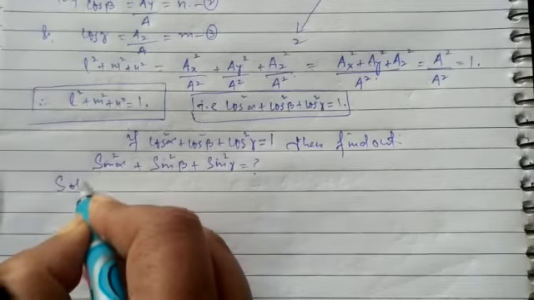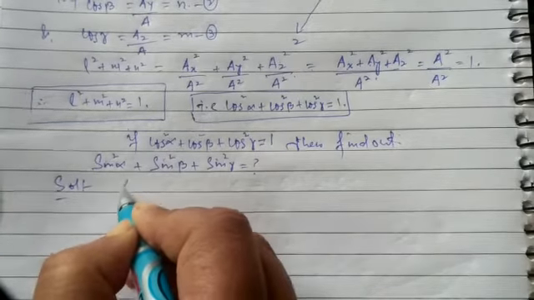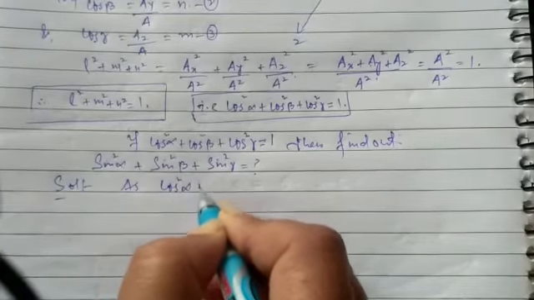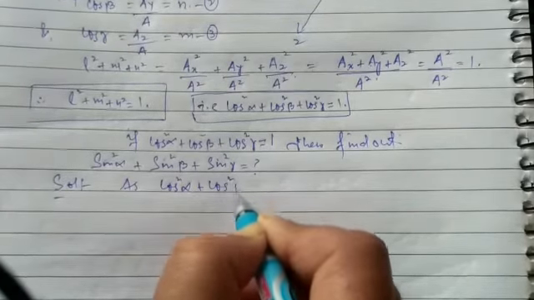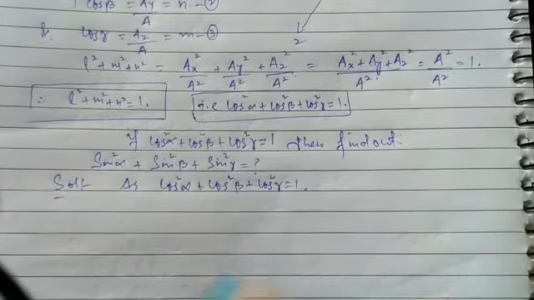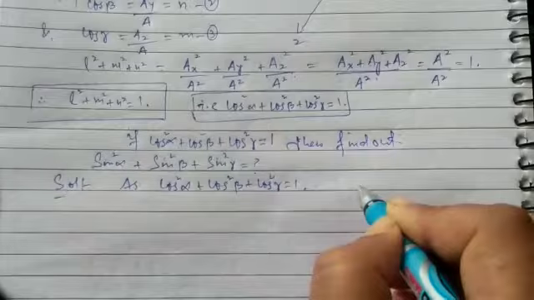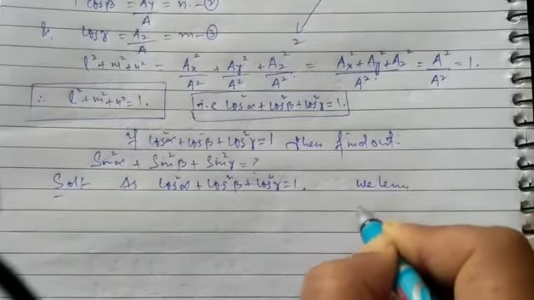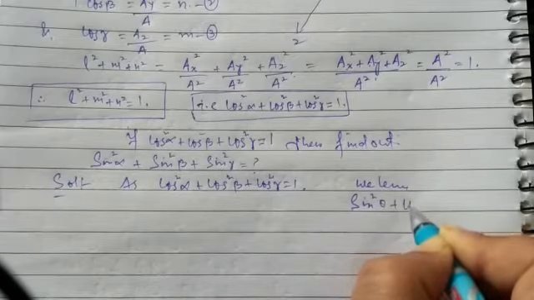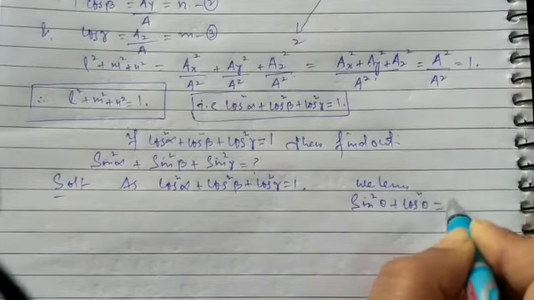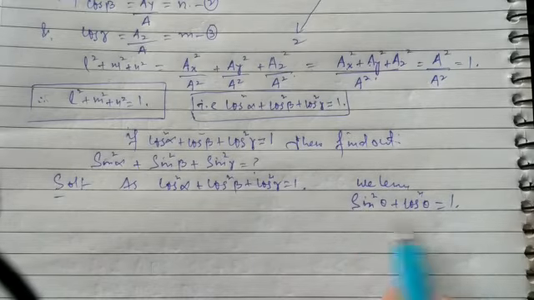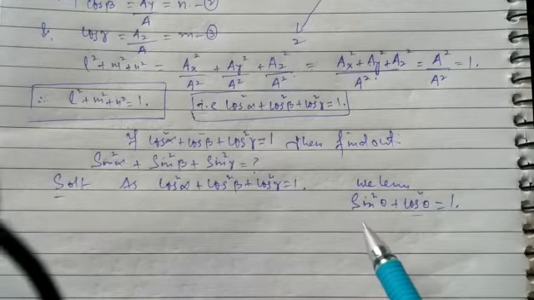The solution of this particular question will be as follows. cos square alpha plus cos square beta plus cos square gamma equals 1. Now we know that sin square theta plus cos square theta is equal to 1, so we can place cos square theta equal to 1 minus sin square theta.